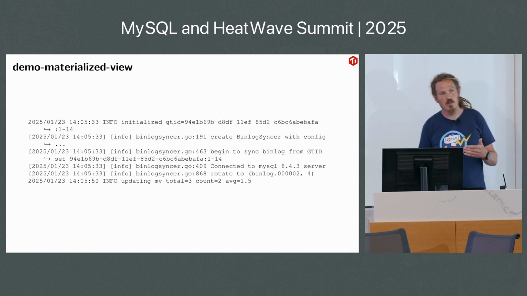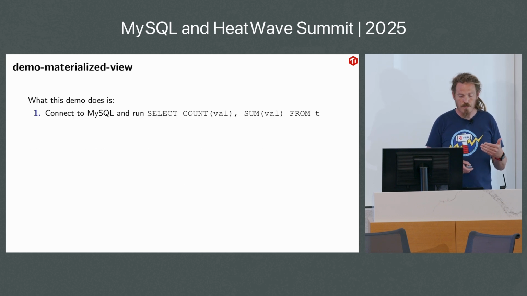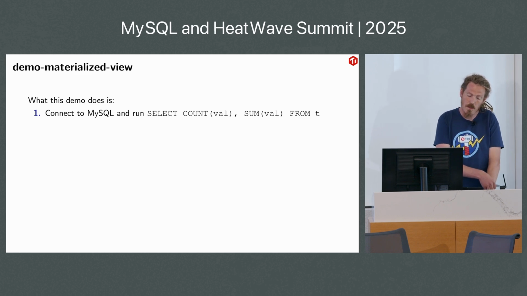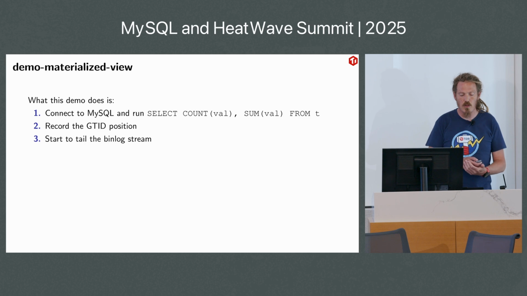So what is this materialized view code doing in the background? It will connect to the server, and it will start to listen for binary log events. Well, first it will run a query to get the count and the sum of table T, and record a GTID position, then start a binary log stream.